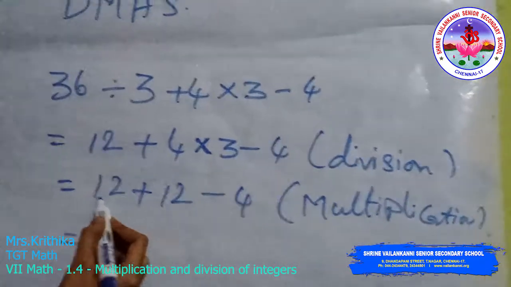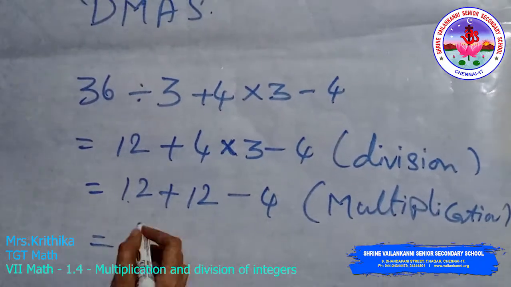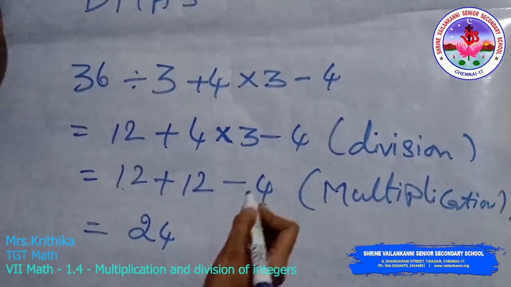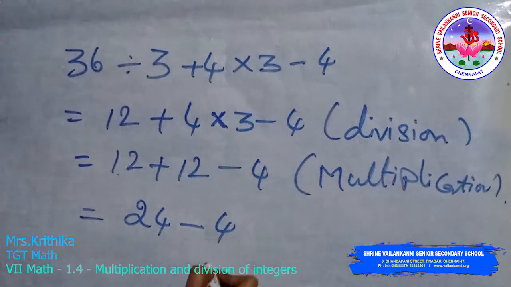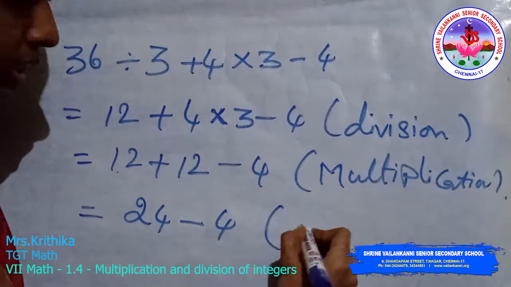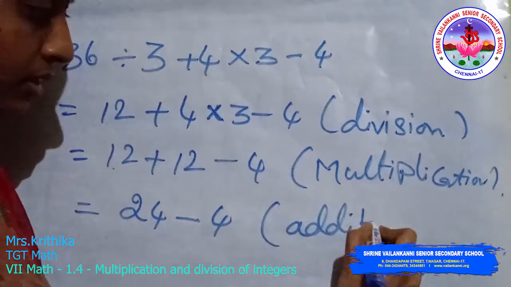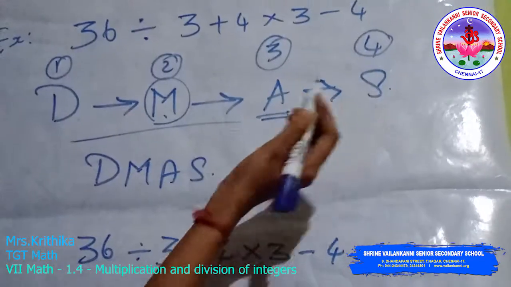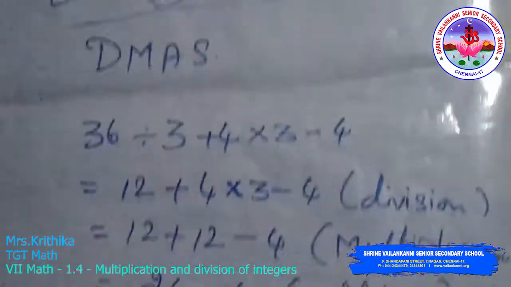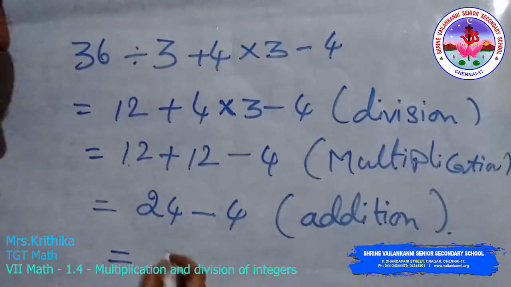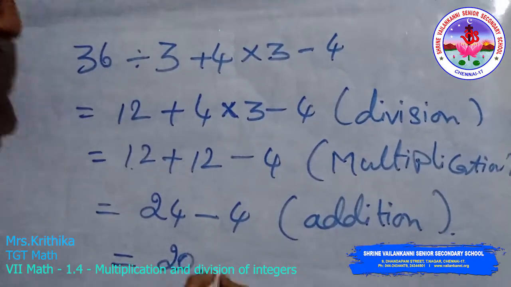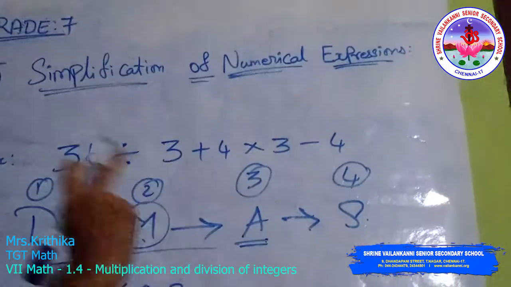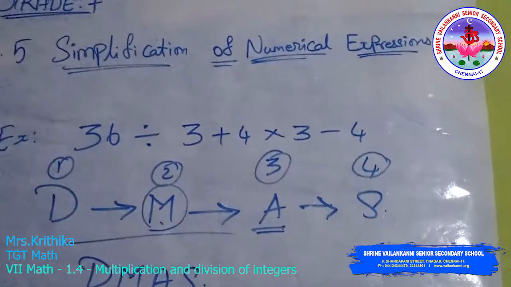Here addition is 12 plus 12, 24 minus 4. Here we used addition. The last one is subtraction. 24 minus 4 is 20. This is the way of simplifying the numerical expressions.